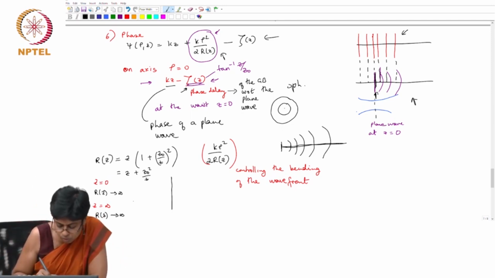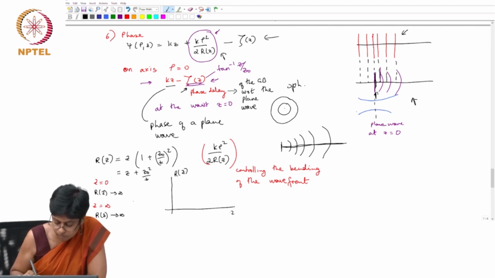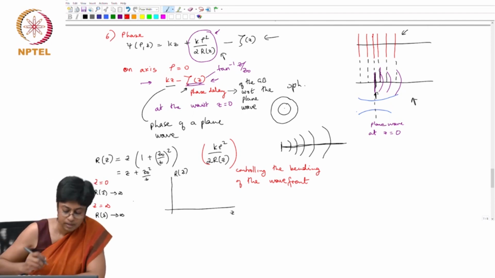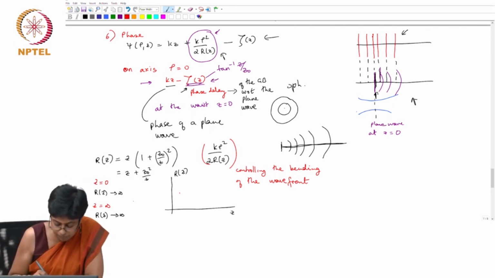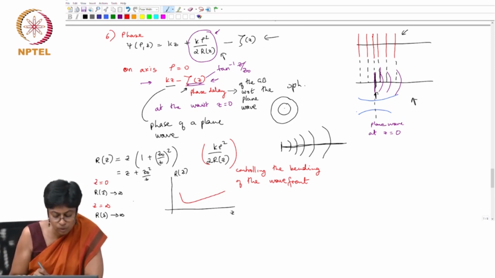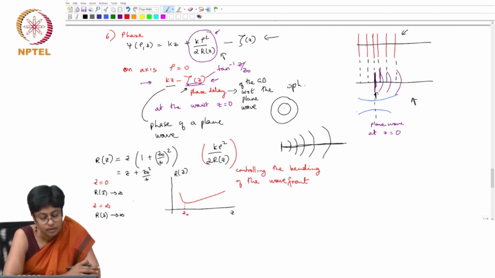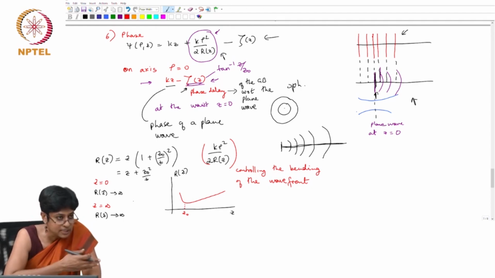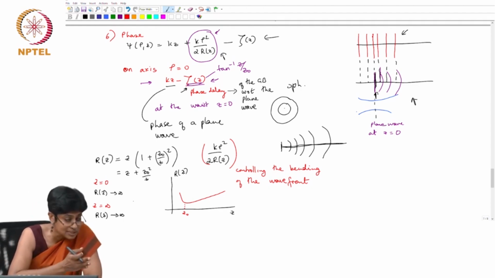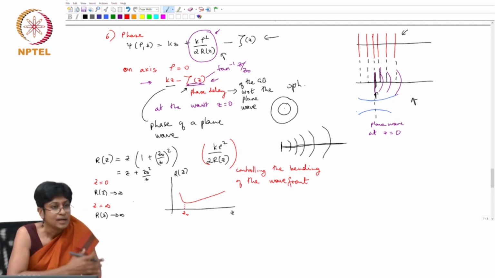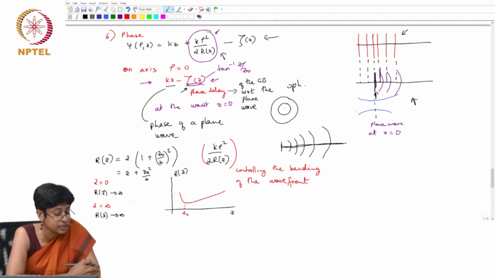It's good to look at this graph where you plot R of z versus z, right? And if you actually plot it, it's going to look something like this. And this is z naught, right? So what is this graph telling you? Below z naught, the lower you go, of course, with z tending to 0, the radius of curvature shoots up and actually will hit infinity.